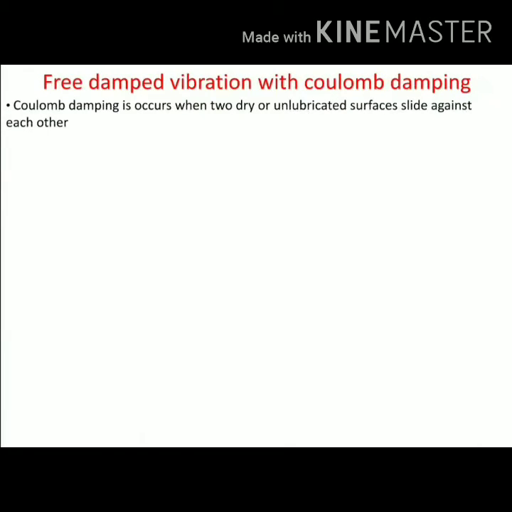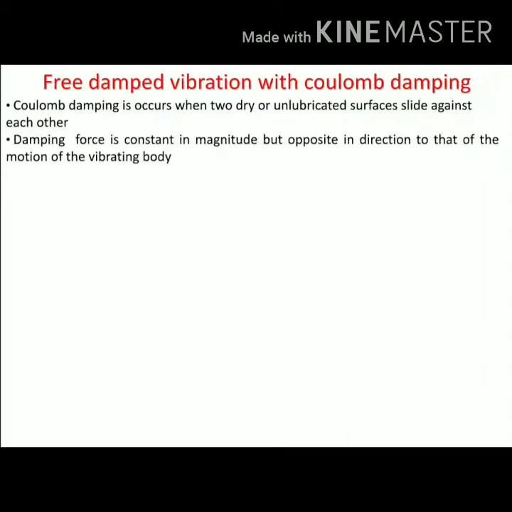Damped vibration with Coulomb damping. We know that Coulomb damping occurs when two dry or unlubricated surfaces slide against each other. So the damping force, that is the friction force, is constant in magnitude but opposite in direction to that of the motion of the vibrating body.